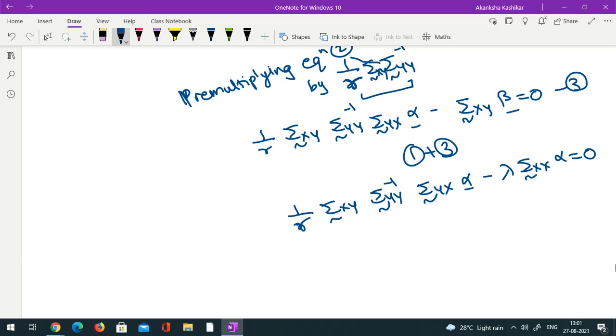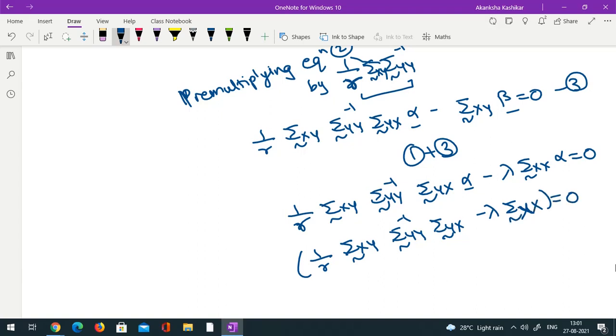If I take alpha common, I have 1 by gamma sigma xy sigma yy inverse sigma yx minus lambda sigma xx, of course with alpha there, equal to 0. Okay so far?